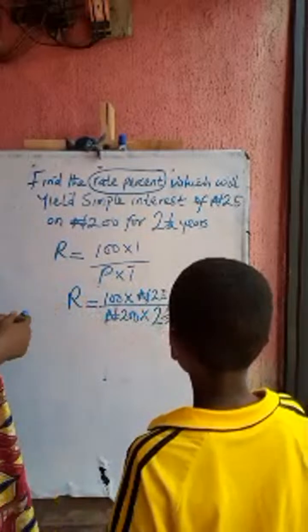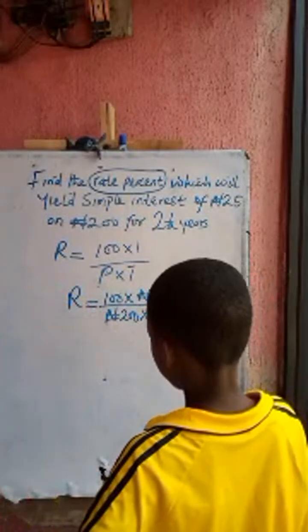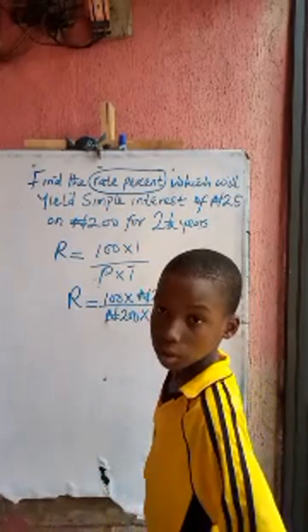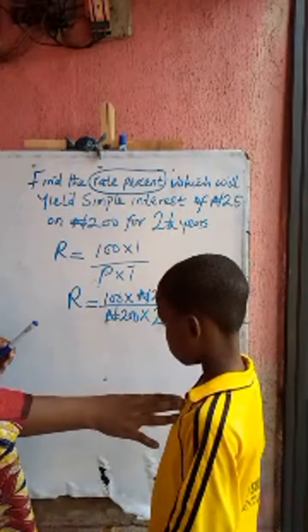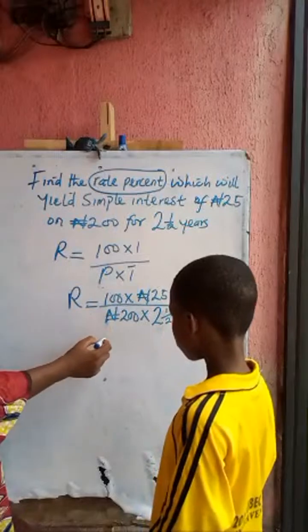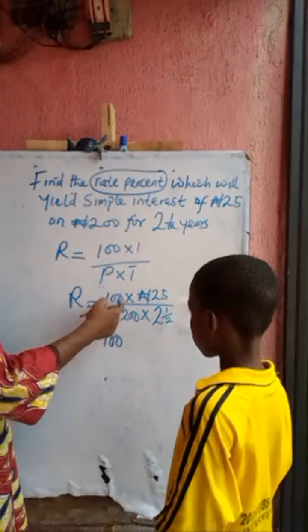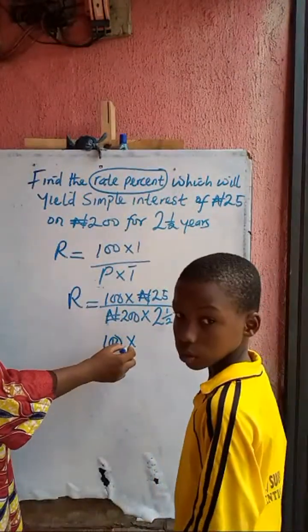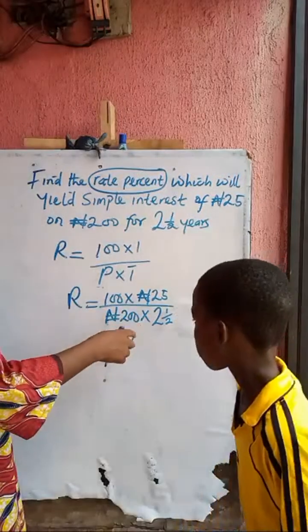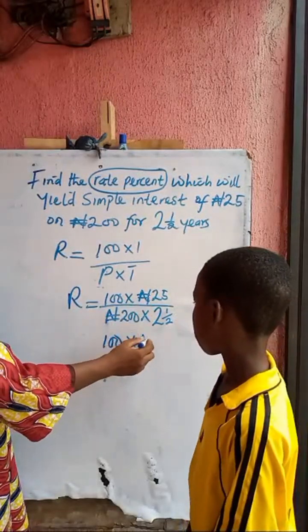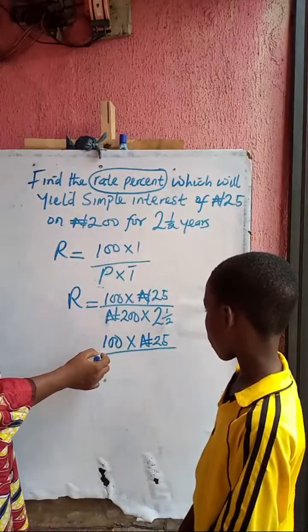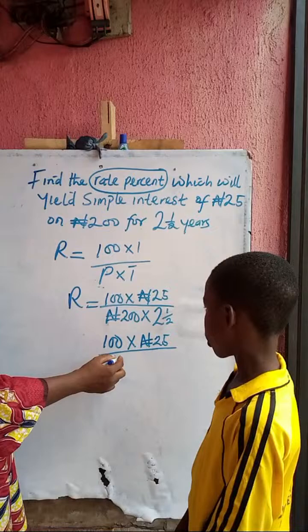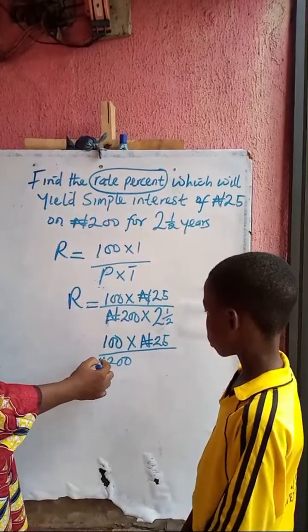Now we are going to rewrite it. 100 times 25 all over 200 times 2.5.